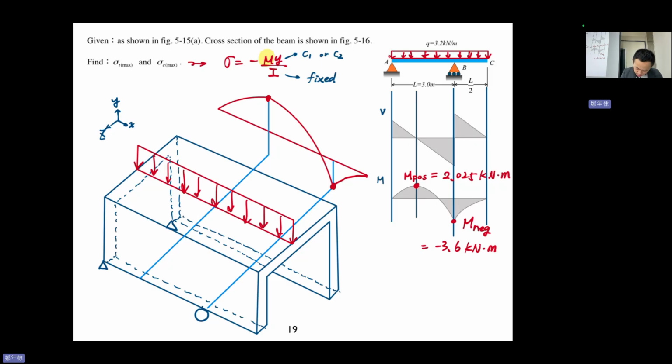So you can see this N pulse, and this is the N negative. And we are going to look at the cross-section area.